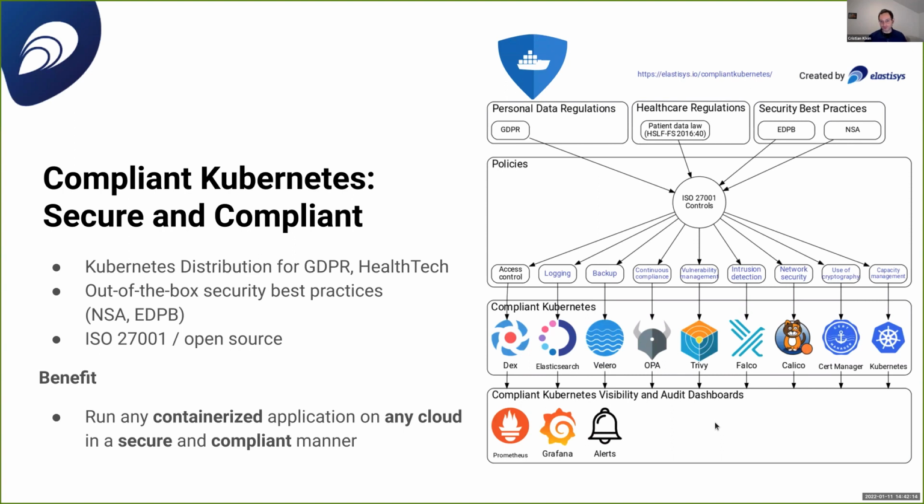So this would be low-level code that is, let's say, compiled by the kernel and runs in the kernel, but in a secure manner. And that would allow you to extract all the observability you need, but without paying that much overhead. So right now we're pretty much just observing this ecosystem. And once we see that this approach is more mature, we'll very likely adopt it in compliant Kubernetes.